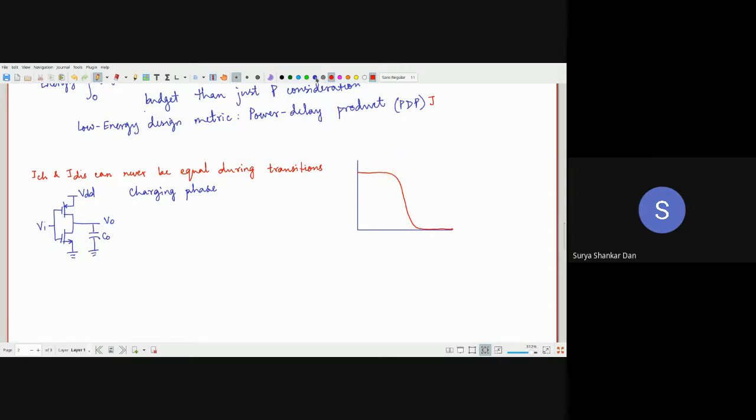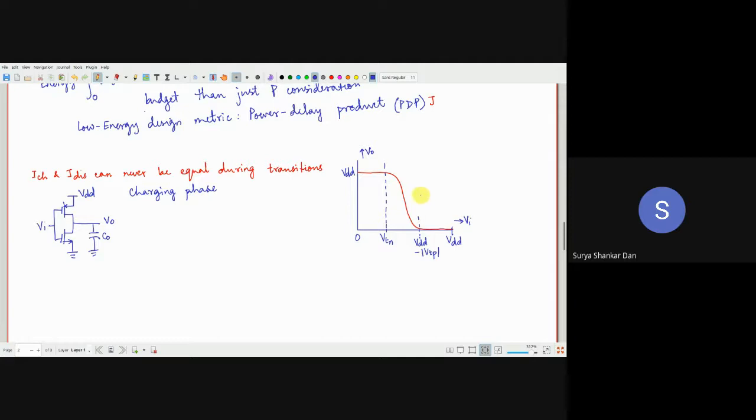In the VTC, this is VTN. It is completely flat between 0 to VTN, this is VI, of course. This is your VDD, roughly the same distance on both sides. So this is VDD minus VTP. So this is your VI and this happens to be your VO. This is VDD.